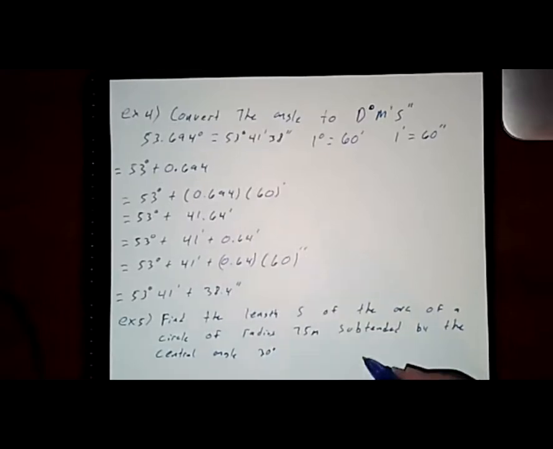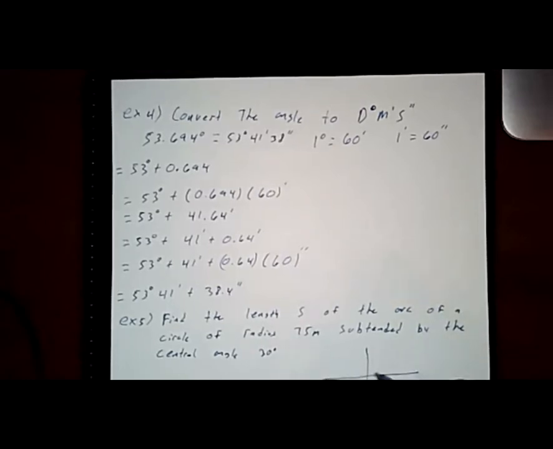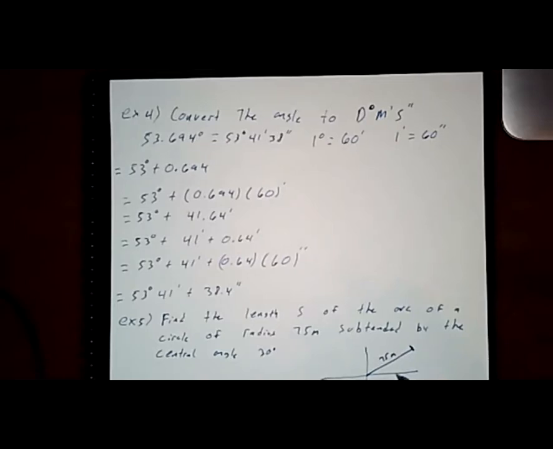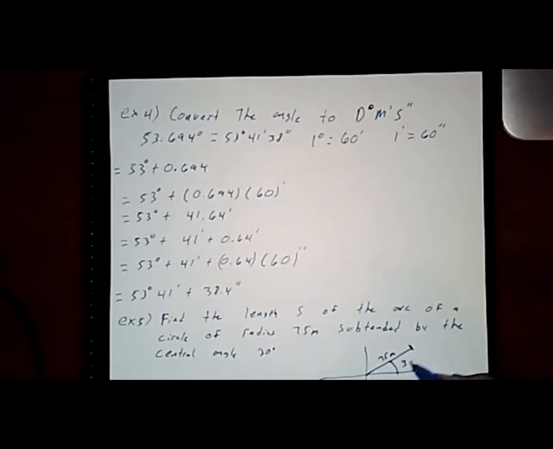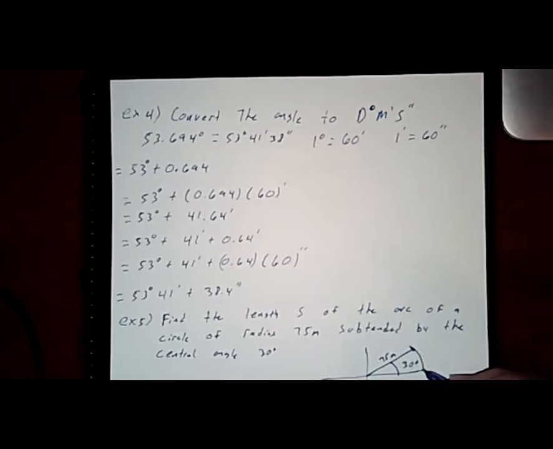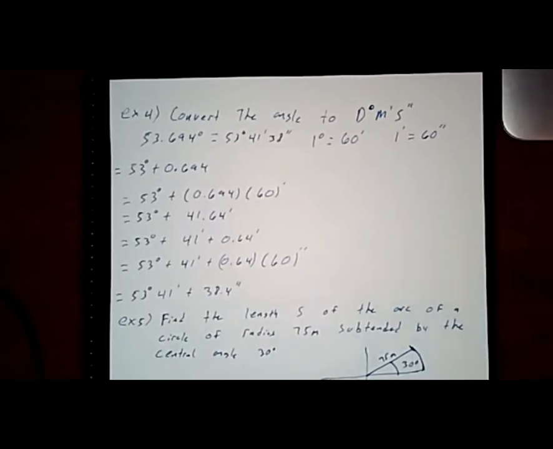So the visual is this: we go out 75 meters and we sweep across 30 degrees. What is this distance that we went across? That's what they want to know. This distance is called S.